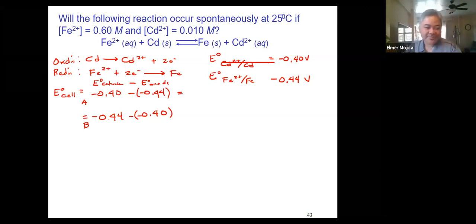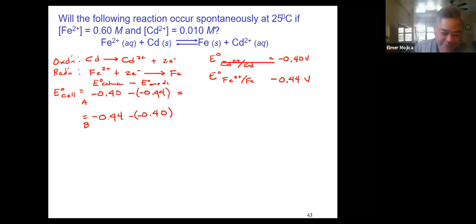So let's see. What did you choose? Is it A or B? So some have A, some have B.